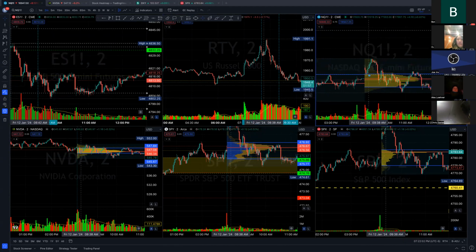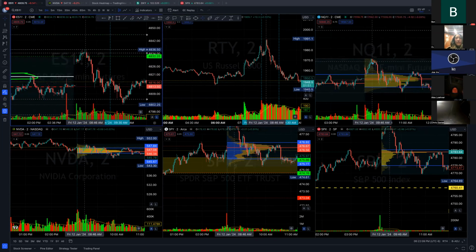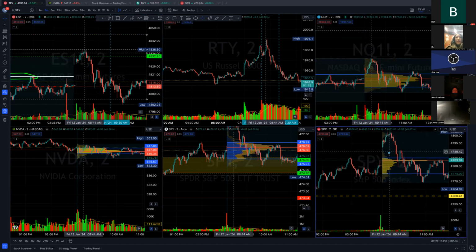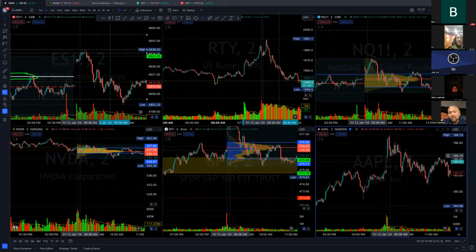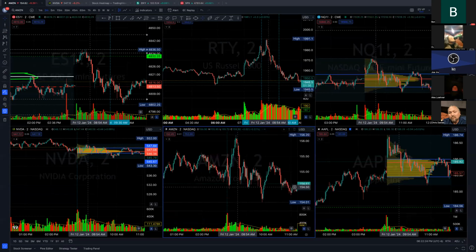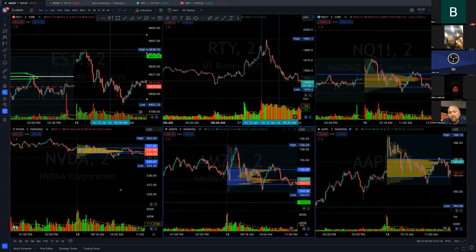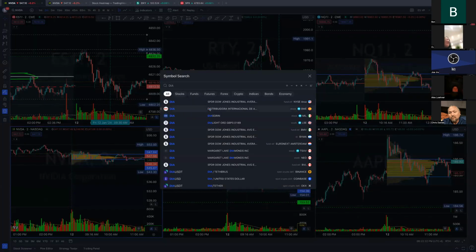Okay, so you can see how NQ and RTY, let me move this a little bit, NQ and RTY had really, really strong momentum. Do you guys see that? Very, very strong momentum. And let's change this to Apple. Let's do Amazon. Let's do the Dow Jones.